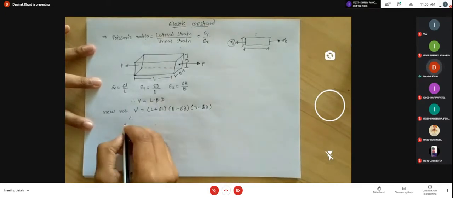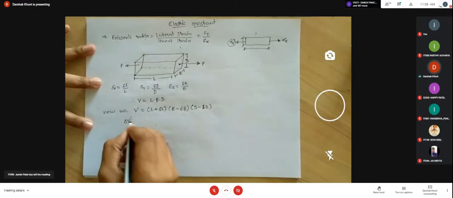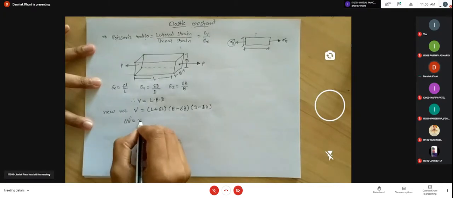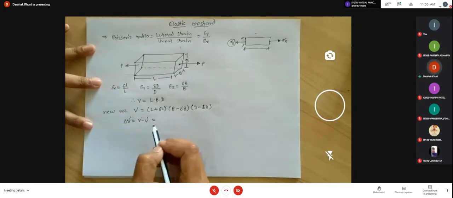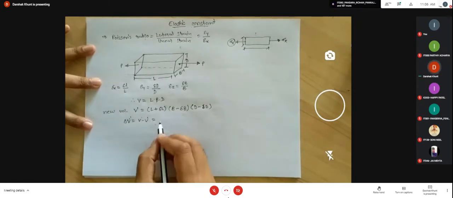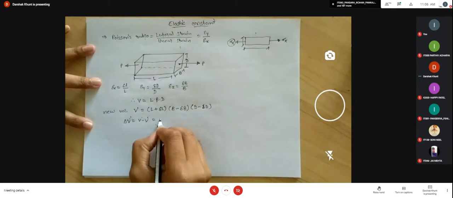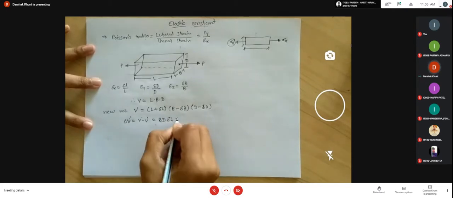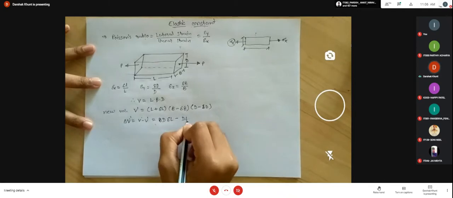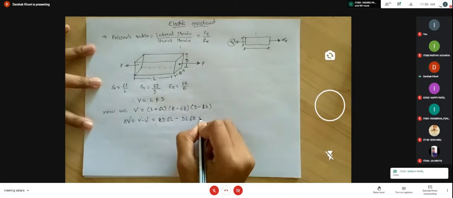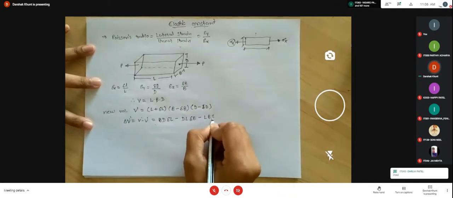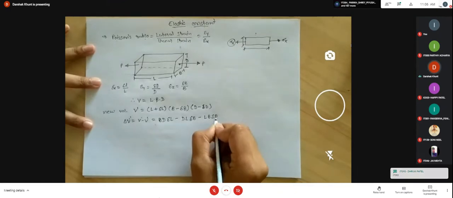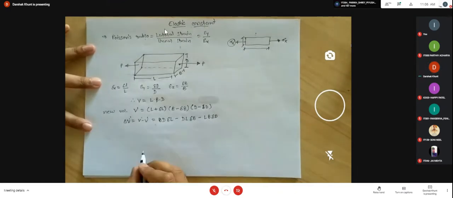So if we find out the change in the volume, V minus V dash, sorry, that is the change in volume. So we get B into D delta L minus D into L delta B minus L into B delta D. Okay.